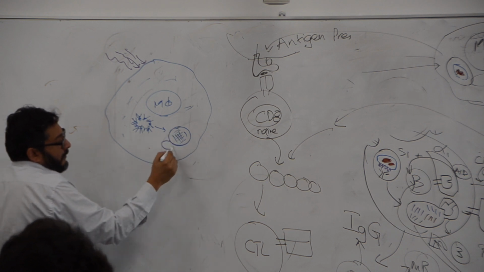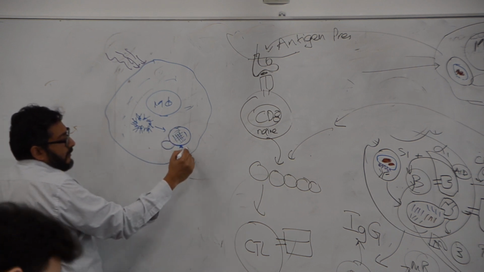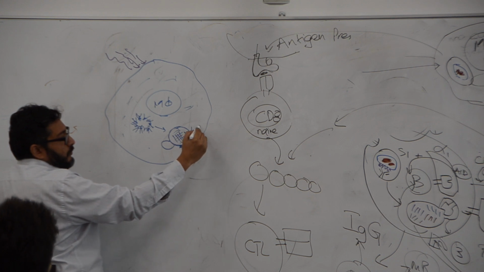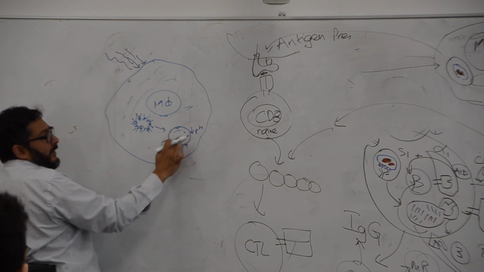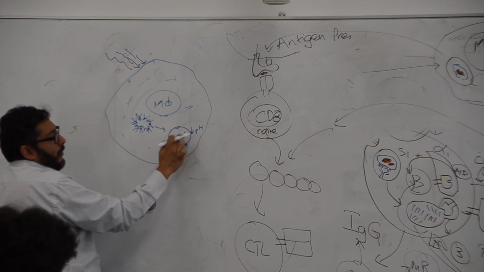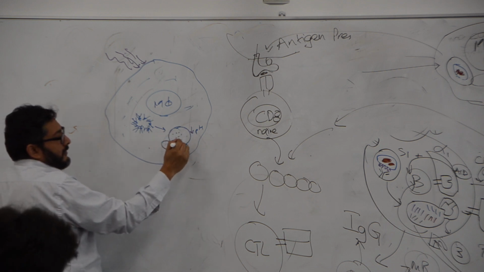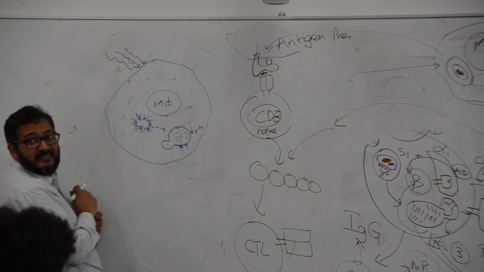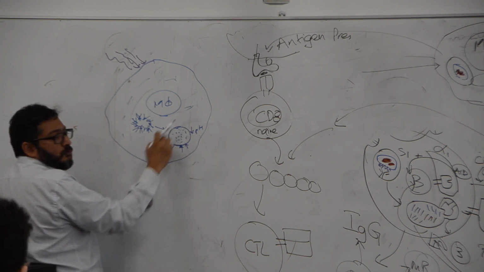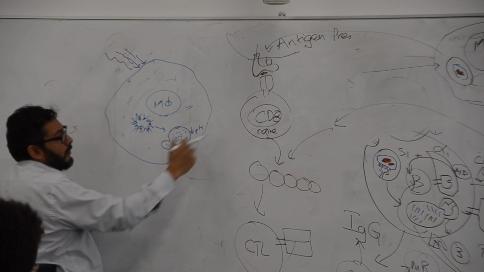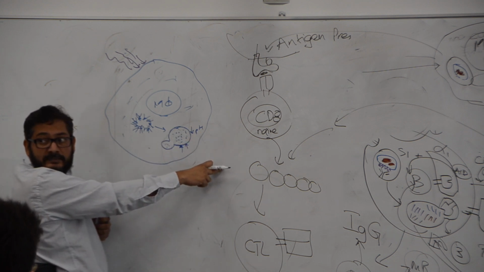You have other proteins that assemble on the surface, pH starts to drop, lysosomes come and fuse, and they end up breaking down all the cytoplasmic contents. And the objective is that it needs to use all of this for its own self or the environment or neighboring cells, right?